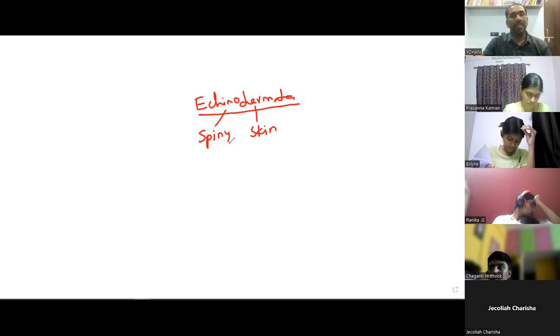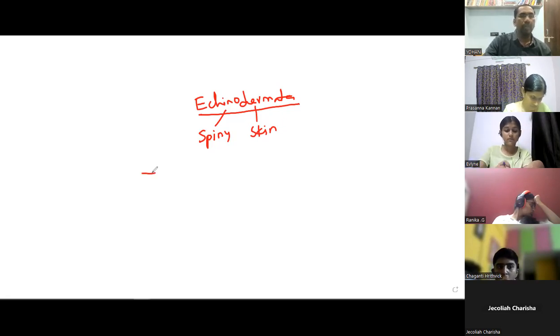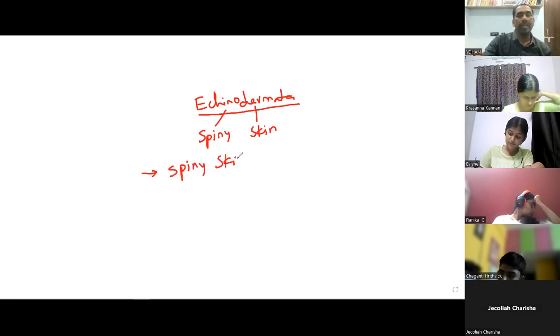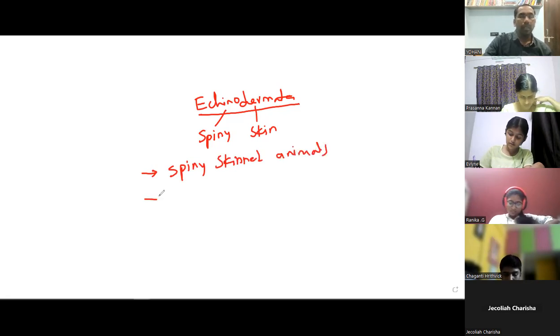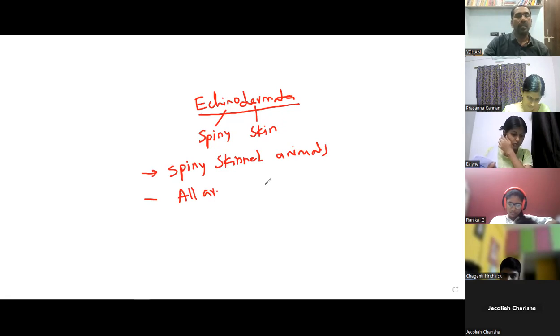So the common name is spiny skinned animals. And very, very important, they are all marine, exclusively marine, like Ctenophora, completely marine.